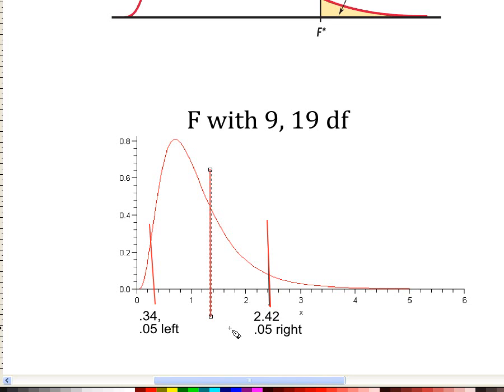Now remember, 1 is important because if the null hypothesis is true, the ratio of those two numbers should be equal to 1. And so the fact that our F statistic is closer to 1 than these critical values means that we are not going to reject the null hypothesis in this case with 9 and 19 degrees of freedom with a sample of 10 boys and 20 girls.